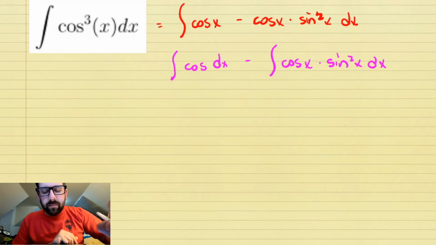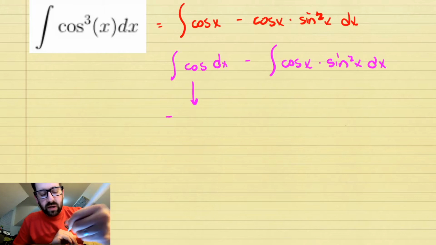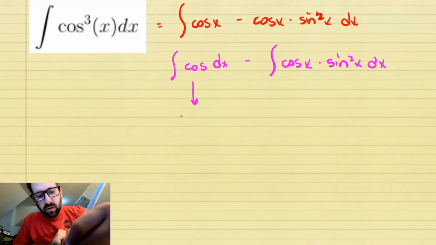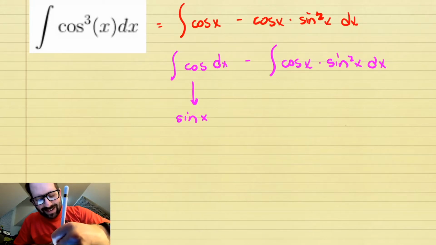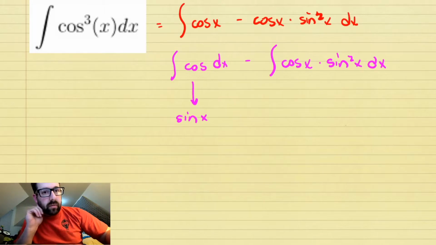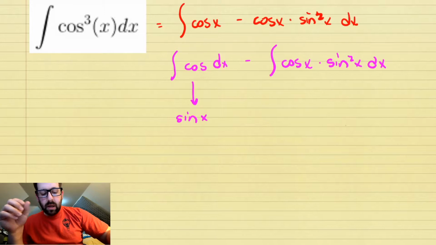You can't do it for multiplying. So that's why you do it this way. The antiderivative of cosine is sine of x. That's the normal antiderivative, because if I take the derivative of sine, it would get me back to the original problem. So that's the first answer.